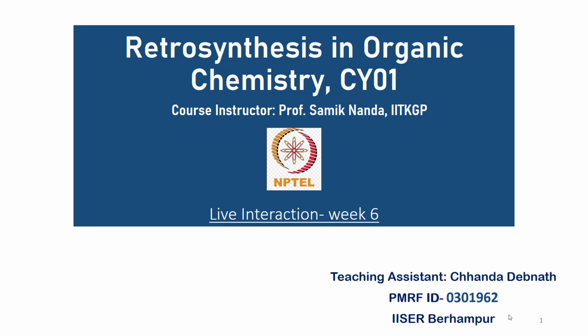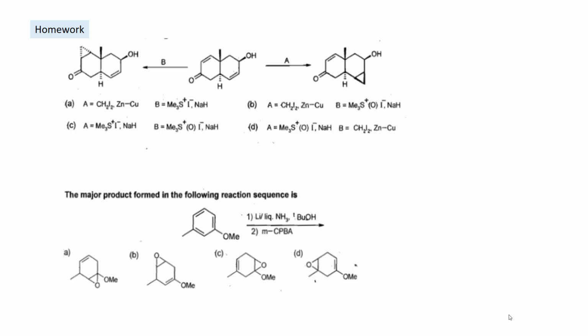Before that, in the previous class I gave 2 homework problems for you to try by yourself, because in the previous classes we were discussing mainly reduction and oxidation, and before that we also discussed name reactions like the cyclopropanation reactions and epoxidation reactions. Combining all the previous classes, I gave these 2 homework problems.